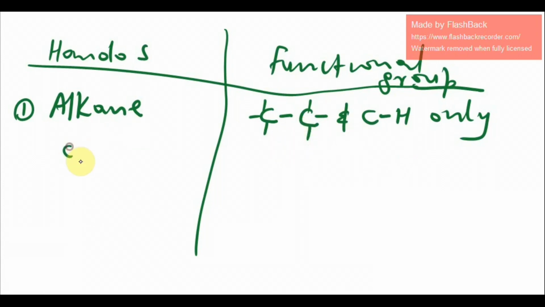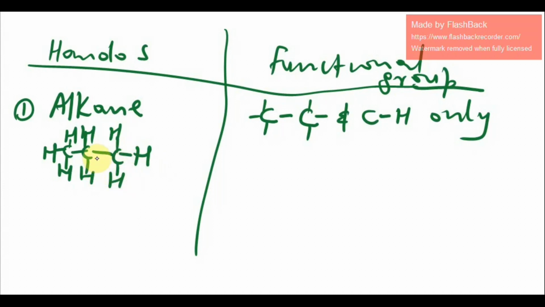For example, this one is propane. The propane has carbon single bond carbon, and carbon hydrogen only. So there is no other atom other than carbon and hydrogen. So this compound belongs to the alkanes.